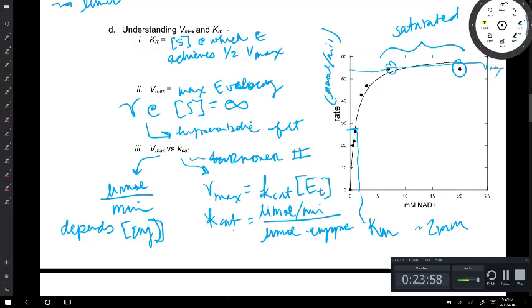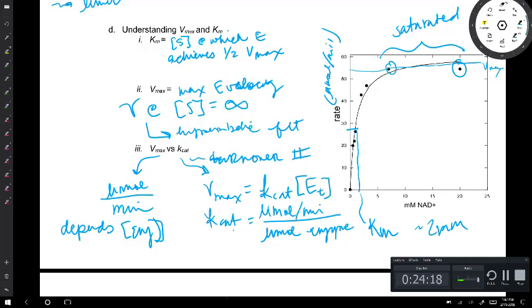And if we know that we've achieved saturating conditions, and we can make the assumption that at any given point in time the total enzyme is all bound to substrate, then we can estimate the kcat.